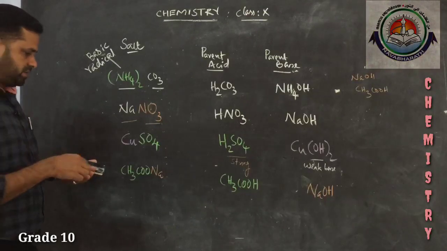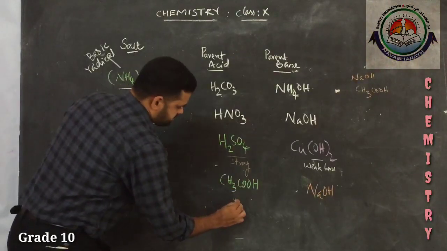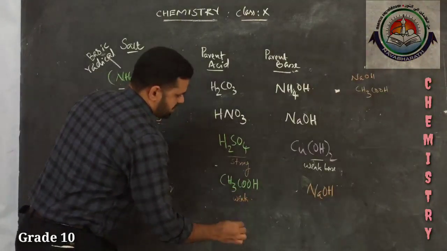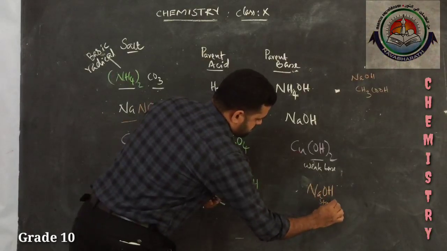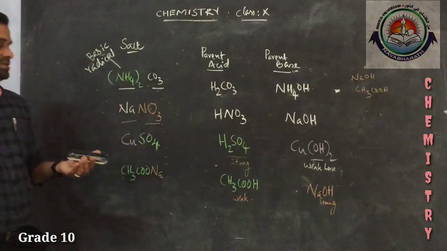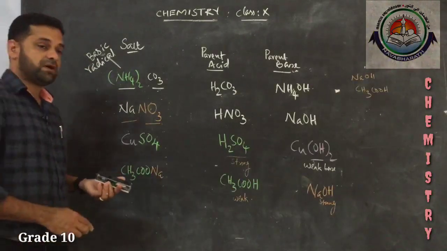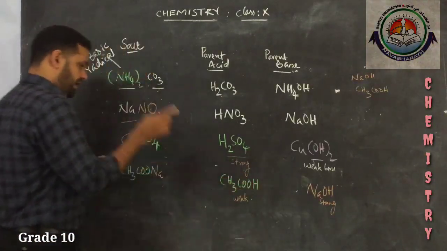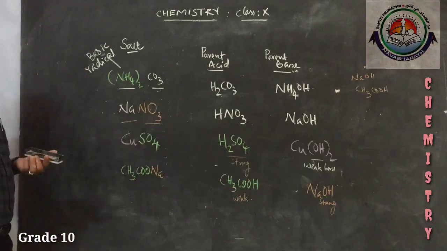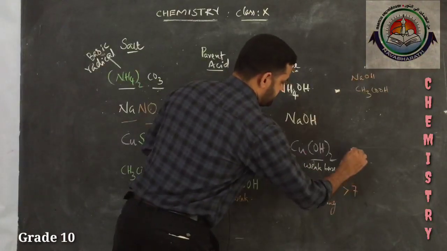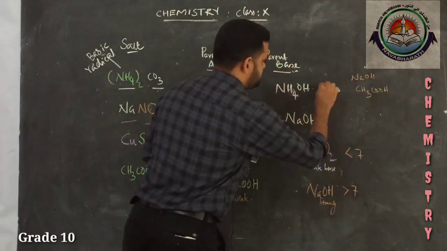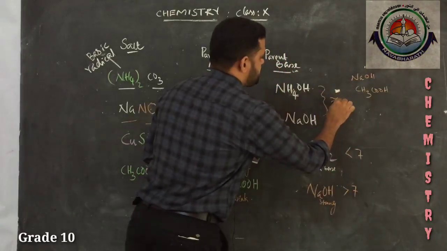So here this is a weak acid and this is a strong base. So weak acid and strong base, it forms what? It forms a basic salt and its pH value will be greater than 7. Here it is less than 7, and for these two it is approximately equal to 7.